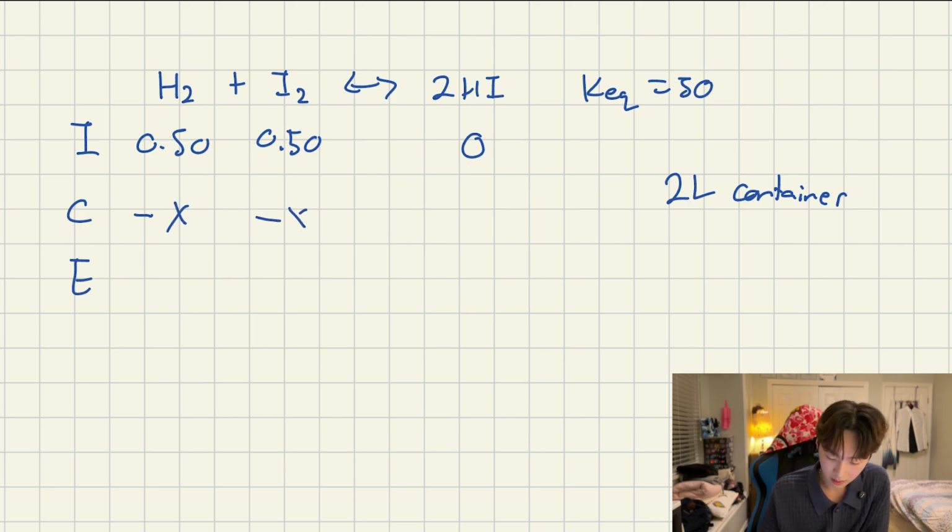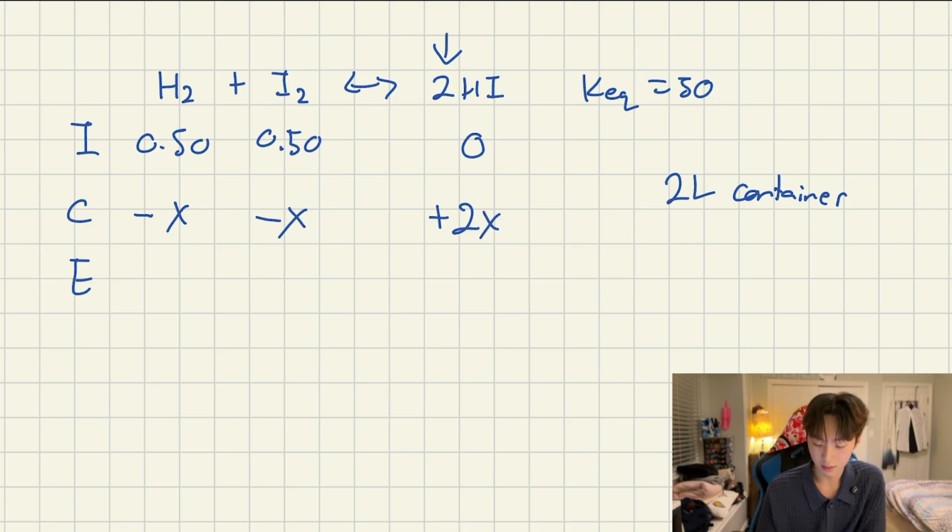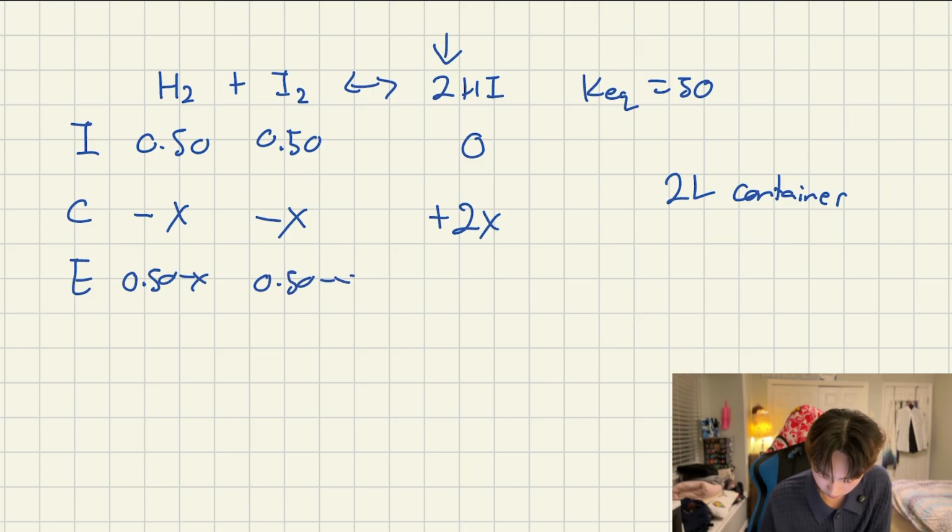So these are going to be minus x, and then as the concentration of the reactants go down, the concentration of the products will go up. But since we have a 2 as a coefficient, we're going to be plusing 2x. So finally, we have 0.50 minus x, 0.50 minus x, and then 2x.